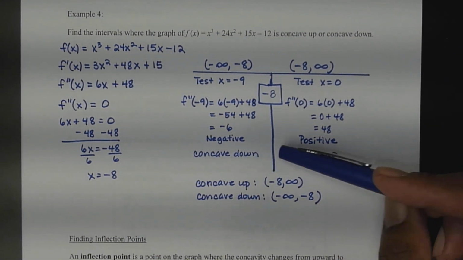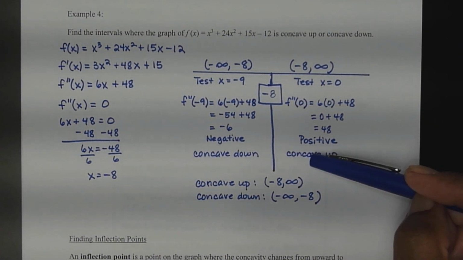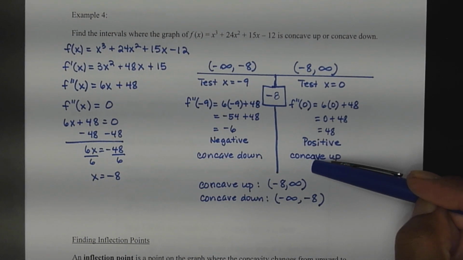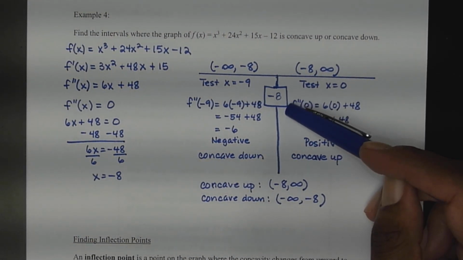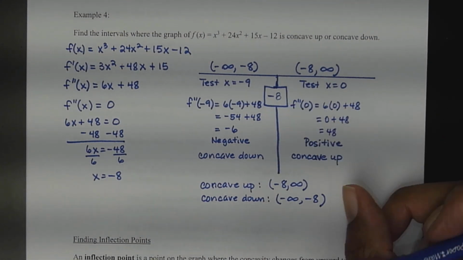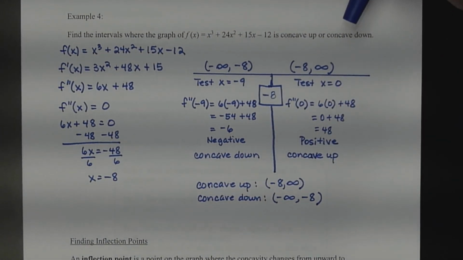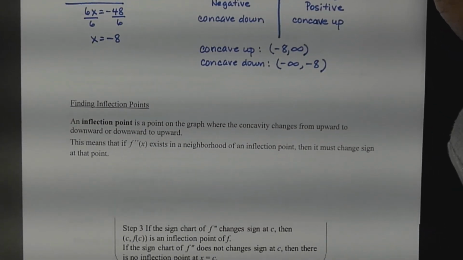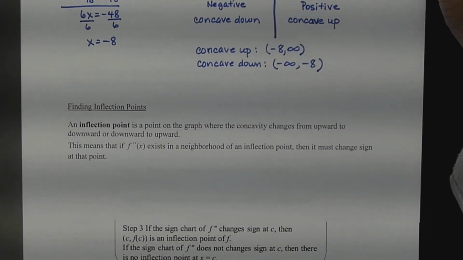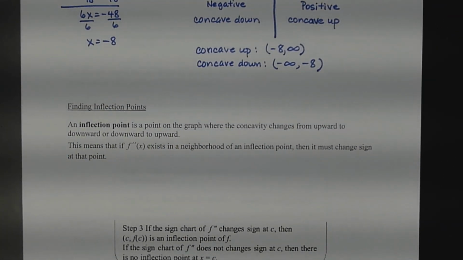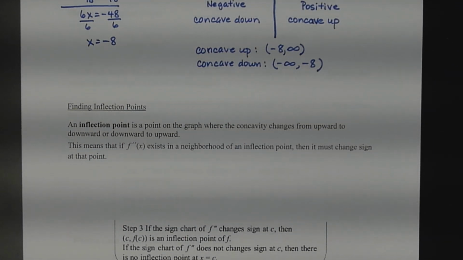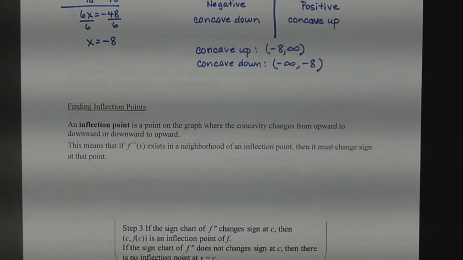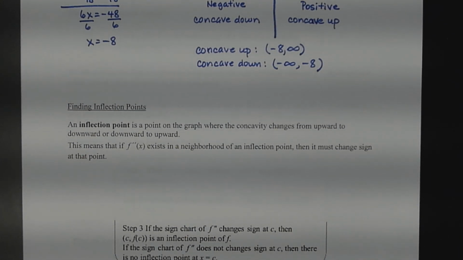Notice that the concavity changed from concave down to concave up. That means this value of x, which is negative 8, we call an inflection point. And that's the next thing we'll look at. It is the point on the graph where the concavity changes from upward to downward or from downward to upward.